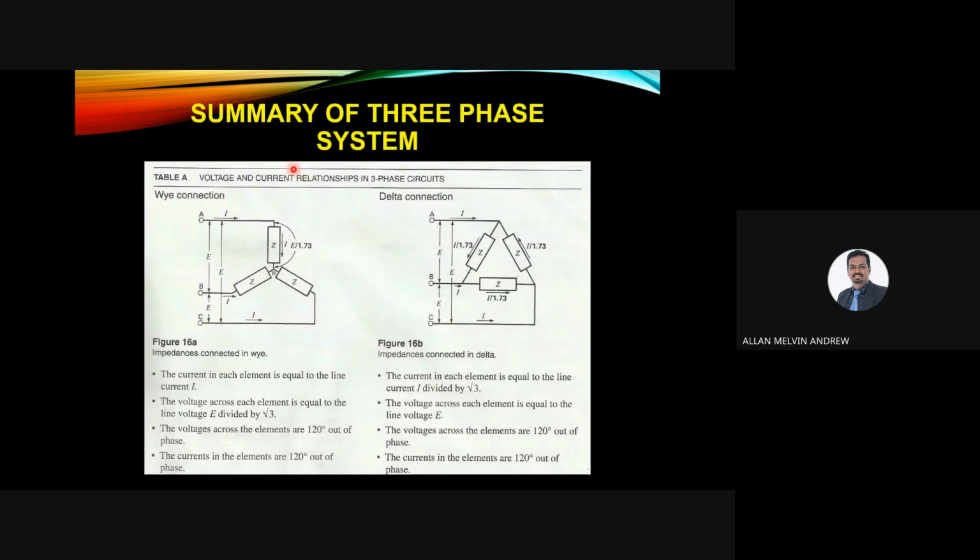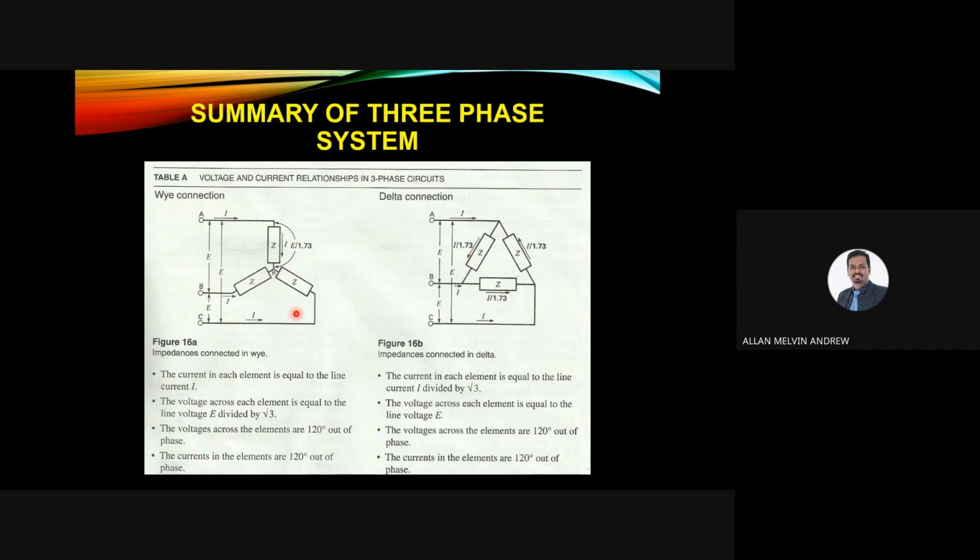Okay, so the summary of the three-phase system. This is Y connection, which is in the Y form. And this is delta connection. A bit different in terms of estimation. Here E is divided by 1.73, but here the current is divided by 1.73.